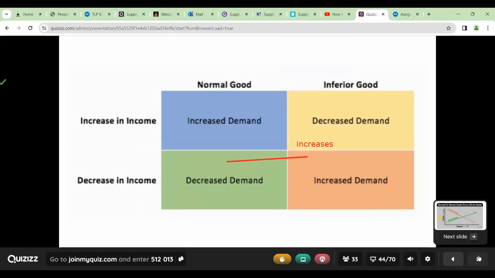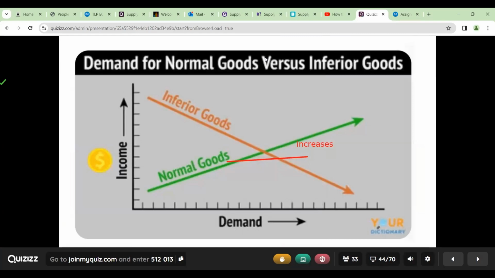So statistically, this is usually what happens: as income goes up, you buy fewer inferior goods, and you buy more normal goods. Statistically this is what happens in most cases. They substitute normal goods for inferior goods.